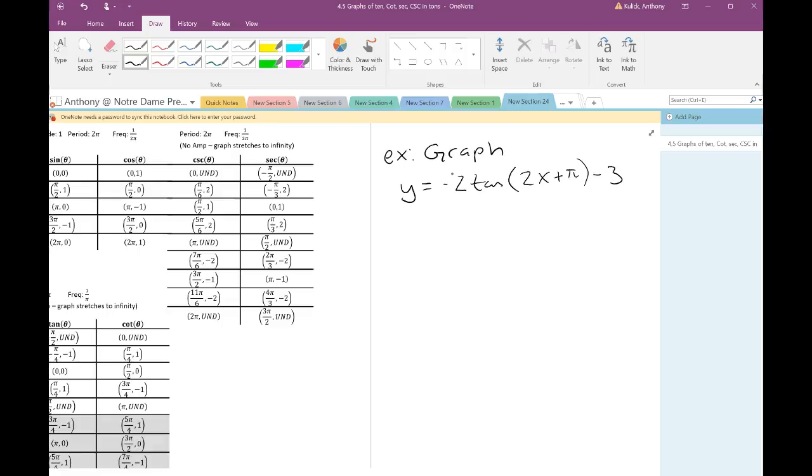Before I can find that, what I need to worry about is this. Notice here, is this written in our standard form? No. What should I need to do first? Yeah, I want to factor that 2 out front, right?